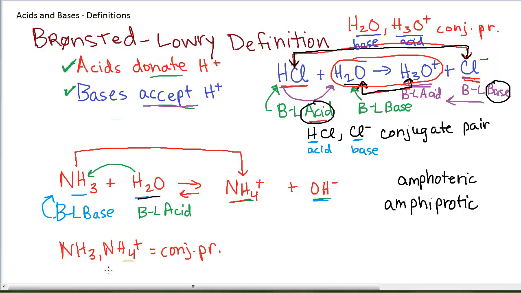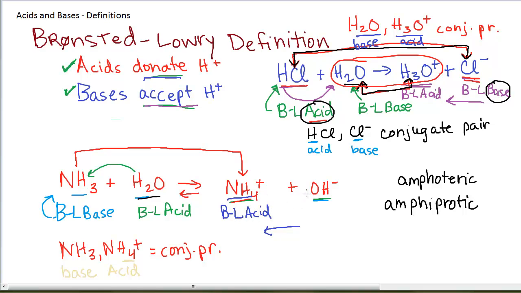NH4+ has the extra H+, so the NH4+ is the conjugate acid, the NH3 is the conjugate base, and indeed, as I look at this reaction going in the reverse direction, NH4+, as it proceeds to NH3, does so by donating a proton. And who is it that donates the proton? It is the acid. This is my Bronsted-Lowry acid in the reverse direction.